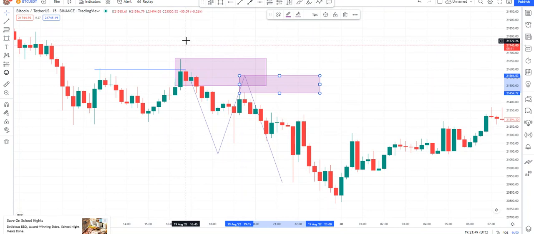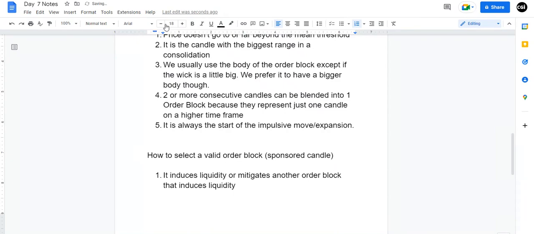So the sponsored candle either takes out liquidity like this, induces liquidity and continues, or it mitigates another candle that induces liquidity. That's the first rule: it induces liquidity or mitigates another block that induces liquidity.